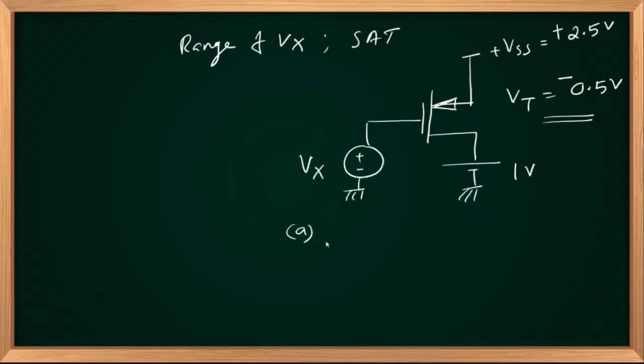Options I will write. Let us see, saturation. Option one: Vx greater than or equal to 0.5 and less than or equal to 2.